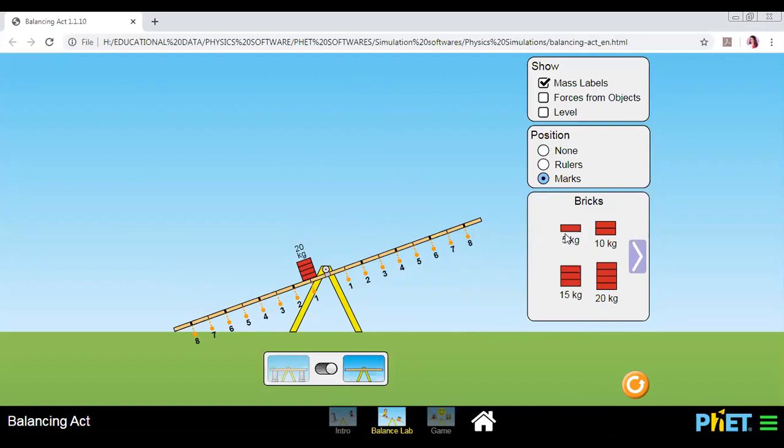How much is the weight of this object? The weight of a 20 kg object is 200 Newton and the weight of a 5 kg object is 50 Newton. So now my question is, can this 50 Newton force lift the 200 Newton force? Is it possible?